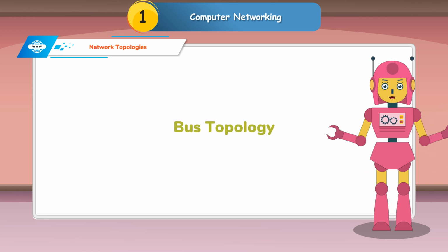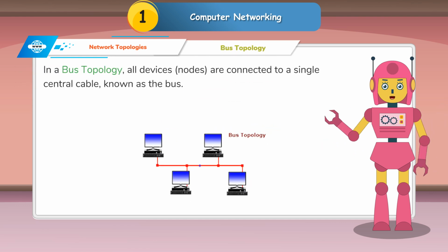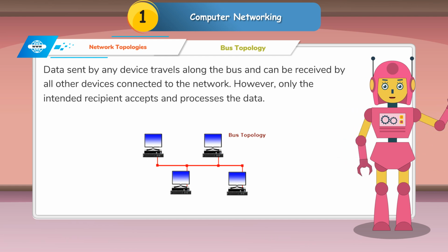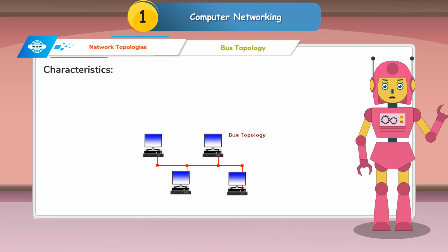Bus topology. All devices, nodes, are connected to a single central cable known as the bus. Data sent by any device travels along the bus and can be received by all other devices connected to the network. However, only the intended recipient accepts and processes the data.